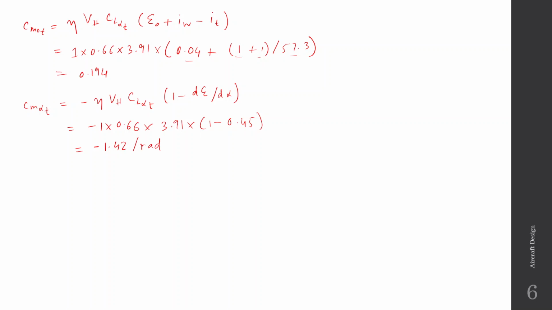Okay, so this is the Cm naught and Cm alpha contribution of the tail.